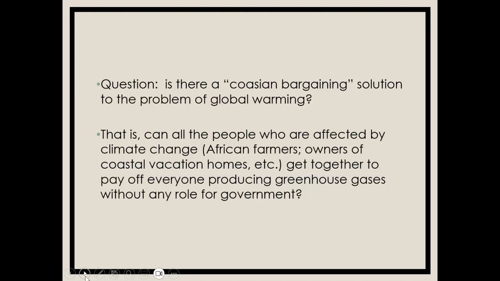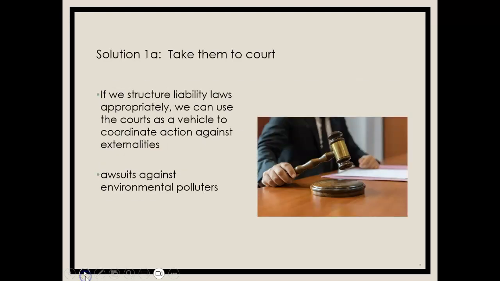How could they all get together to pay off the parties producing greenhouse gases without any role for government? How could you even deal with all the parties producing greenhouse gases? Everyone who drives a car? It really seems like this is a problem that you couldn't solve through a negotiated settlement through private parties.